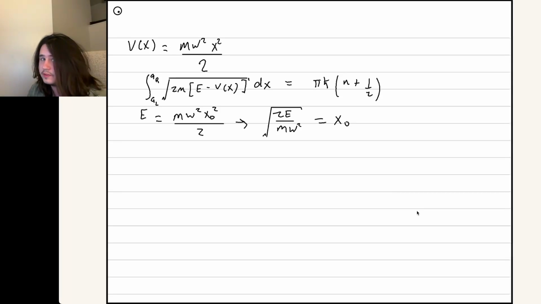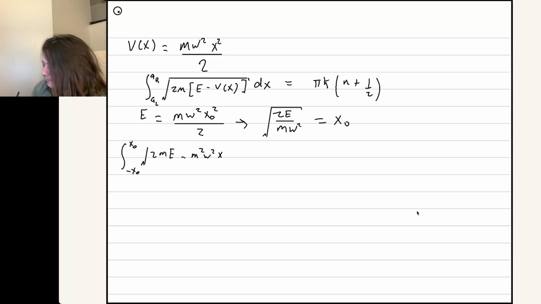And so the left classical turning point will be minus x naught, and the right classical turning point will be positive x naught. So we can write our integral now as being minus x naught to x naught of the square root of 2mE minus m squared omega squared x squared dx.